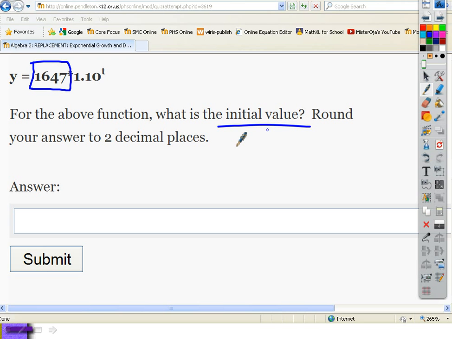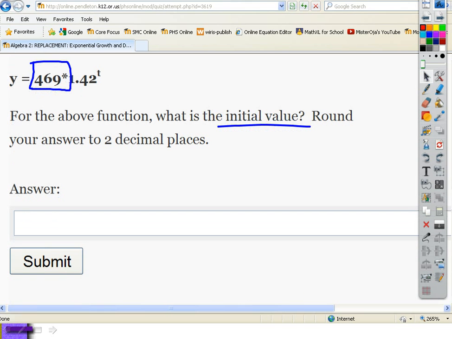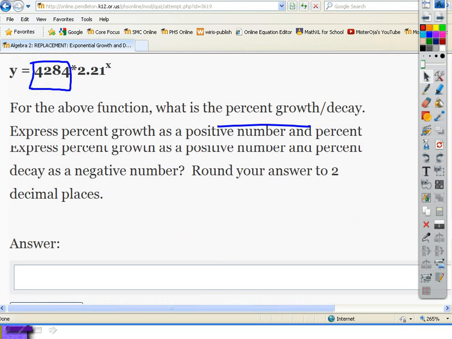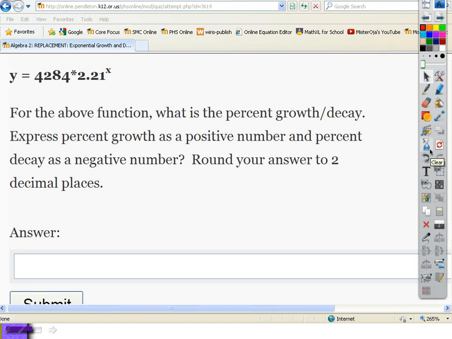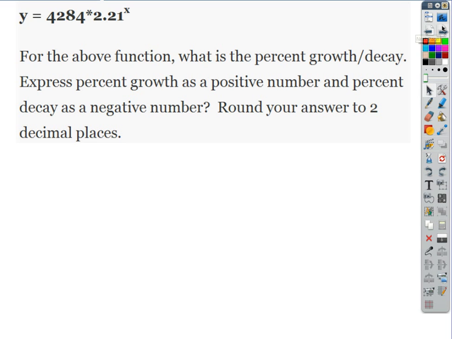Okay? Now here's the one I want to get to. Pay attention or you're going to miss this. What's the initial value there? How about that? 469. Yeah. This is the one that I want. Now I've got to change it. Okay, what's the percent growth? Now here's how we do percent growth. For percent growth, we have to rewrite the growth factor in this way.